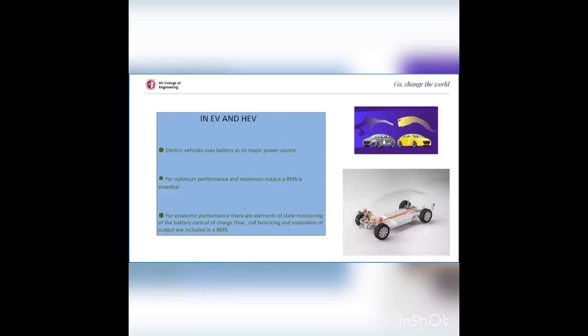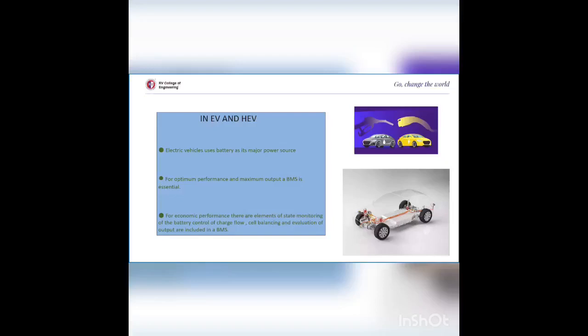Therefore an electric vehicle or even a hybrid electric vehicle is a proper alternative. These vehicles use a battery as their major power source. They run on electricity, but because of their mobility, a portable source of electricity is required, which comes in the form of a battery.